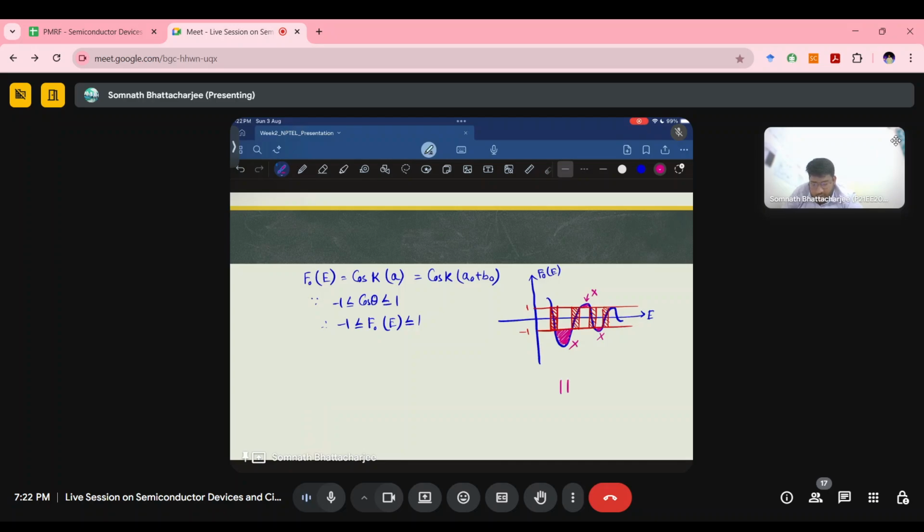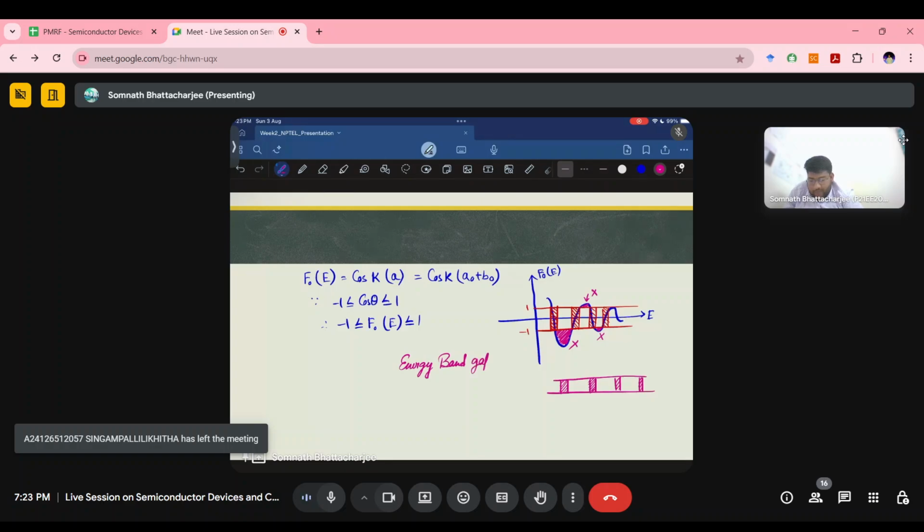So the energy band would look something like this. These are the permitted energy bands, while going beyond the limit suggests that it is a forbidden energy gap. So this specifies the concept of energy band gap. The energy band gap concept comes directly from this.